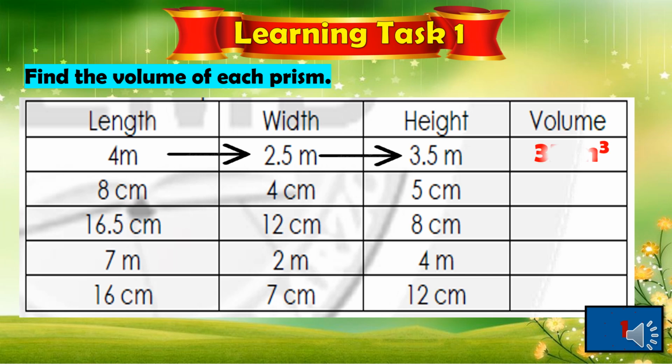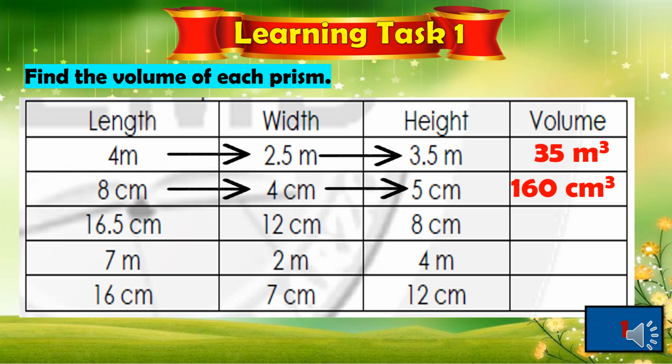That will give us a volume of 35 cubic meters. And for number 2, 8 centimeters times 4 centimeters times 5 centimeters. And that will give us a volume of 160 cubic centimeters.